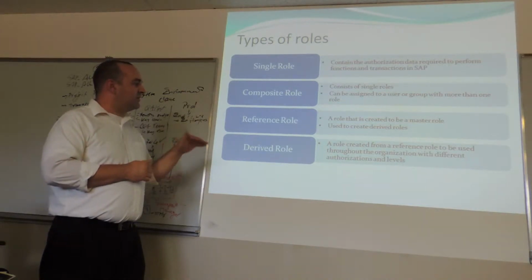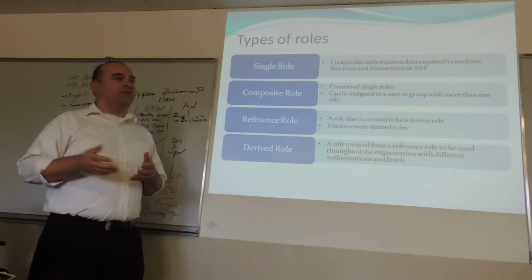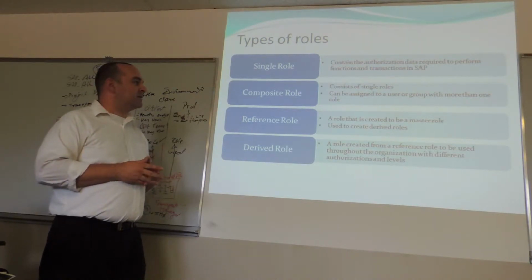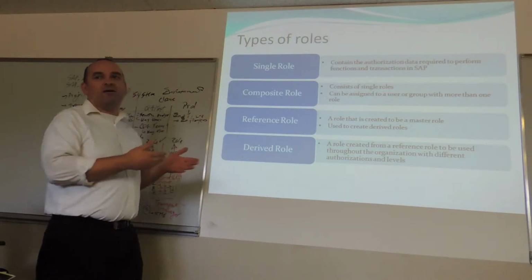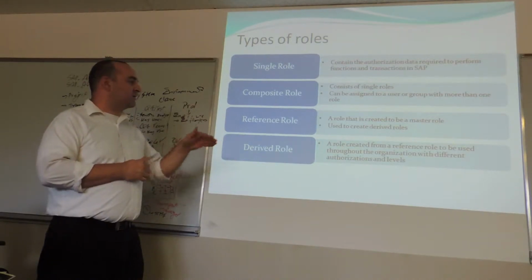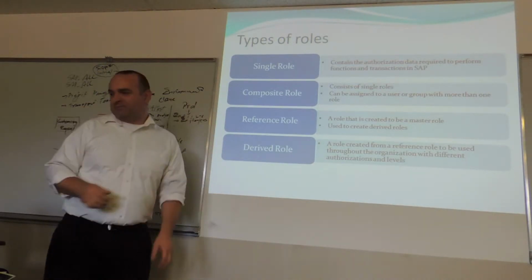You have a reference role and a derived role. A reference role is a role to create a master role or a parent role, and it's also used to create the derived roles, which inherit from it. The derived role is a role created from a reference role to be used throughout the organization with different authorizations and levels.